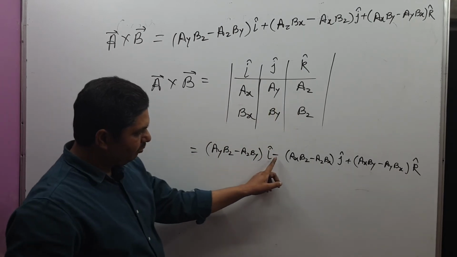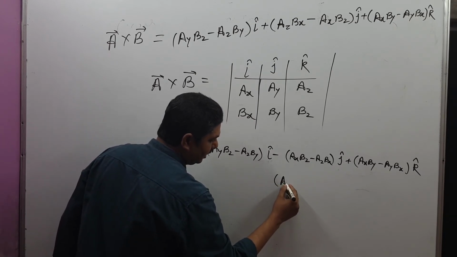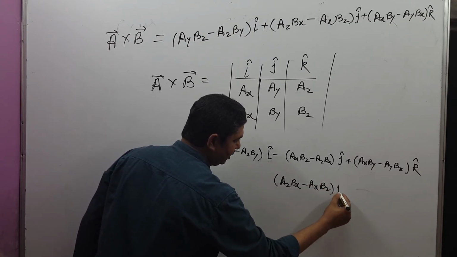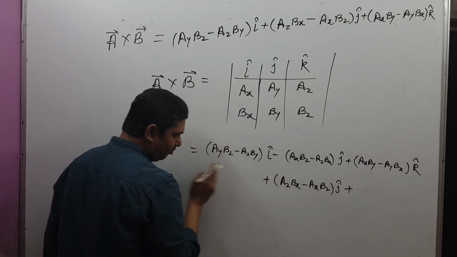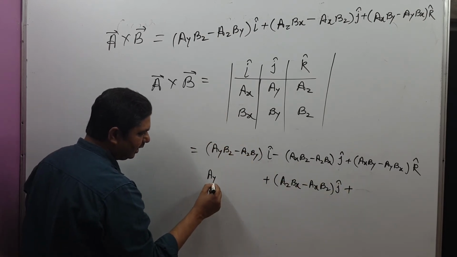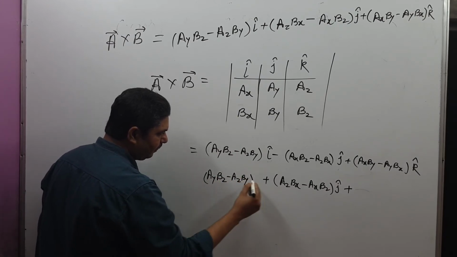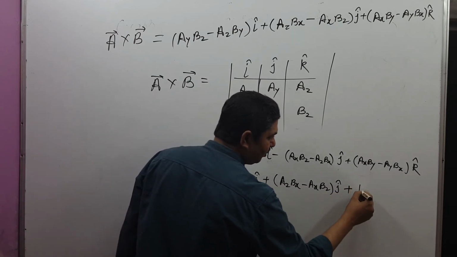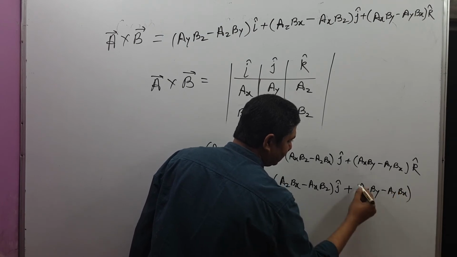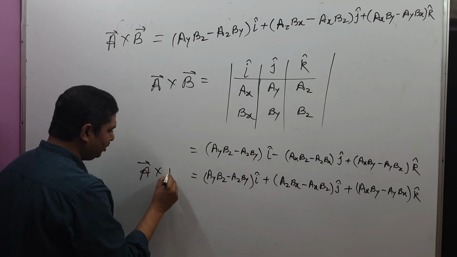Now if the minus sign enters inside the bracket, you get here AZBX minus AXBZ. This is J cap, and the first term and third term will remain as they are. What are the terms? This is AYBZ minus AZBY I cap, and this term is AXBY minus AYBX K cap. This is said to be the A cross B vector.